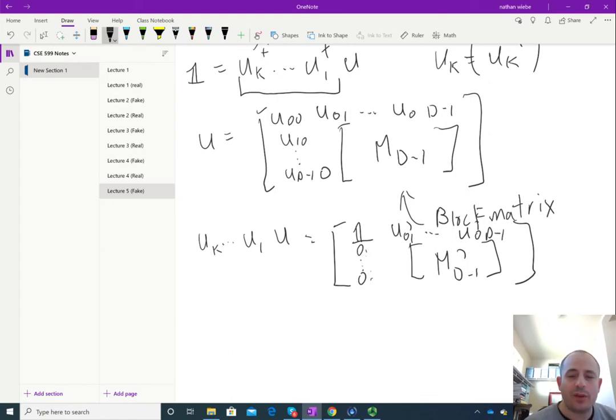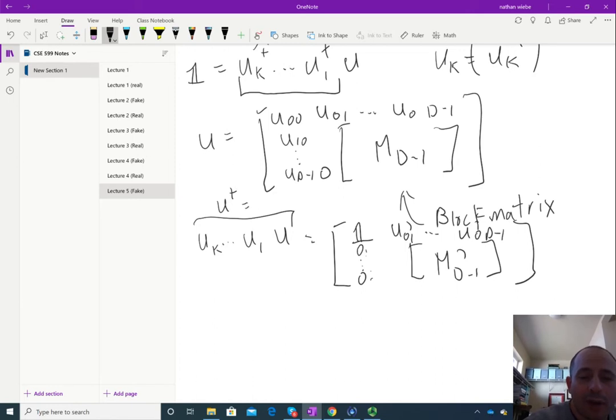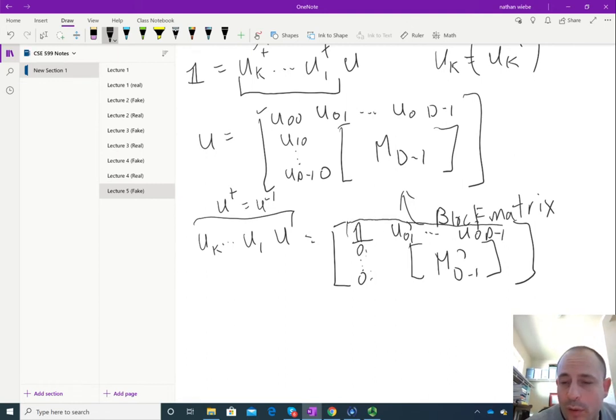Basically, I want to be able to find these unitary transformations that zero these entries over there. Now, recall that this is a unitary operation. Therefore, U dagger is equal to U inverse. The only way that we can have that is if the first row ends up being also zero, except on the diagonal.